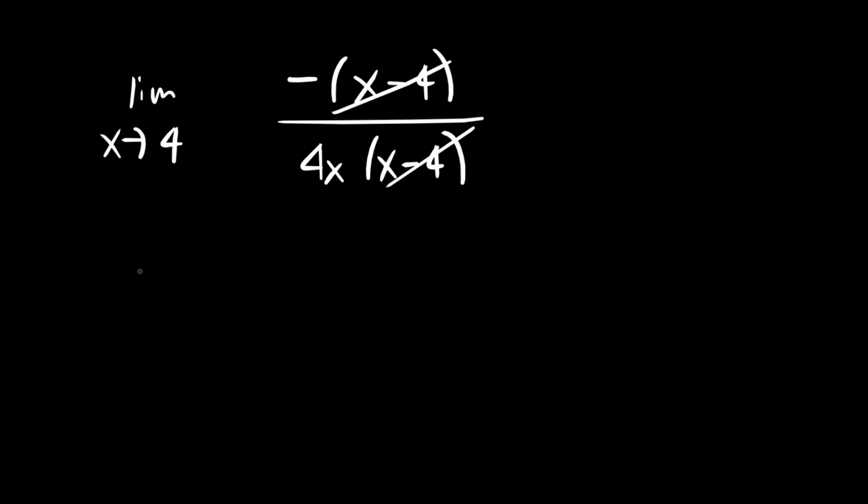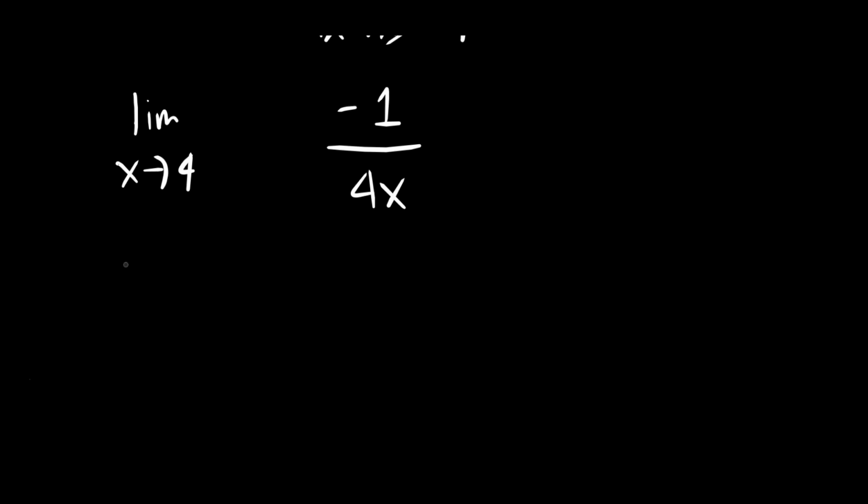So the remaining will be the limit. Now direct substitute x, right? So negative 1 all over 4x. So we'll have the limit as x approaches 4. We will not write the limit anymore because we'll have a substitution for x.